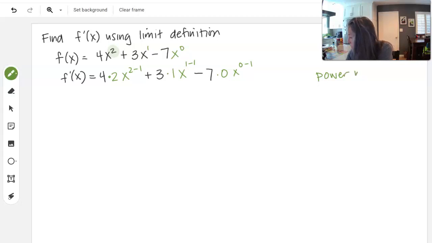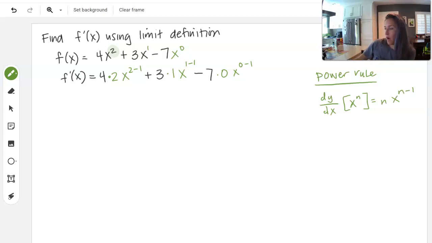So let's just go ahead and put our power rule here off to the side. We'll use the other notation. We have dy dx of x to the n is equal to n x to the n minus 1. Cool. So that's our power rule.